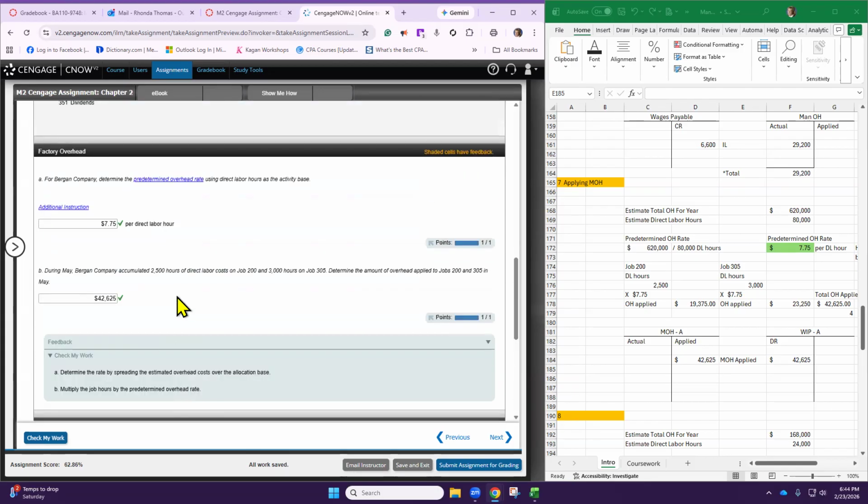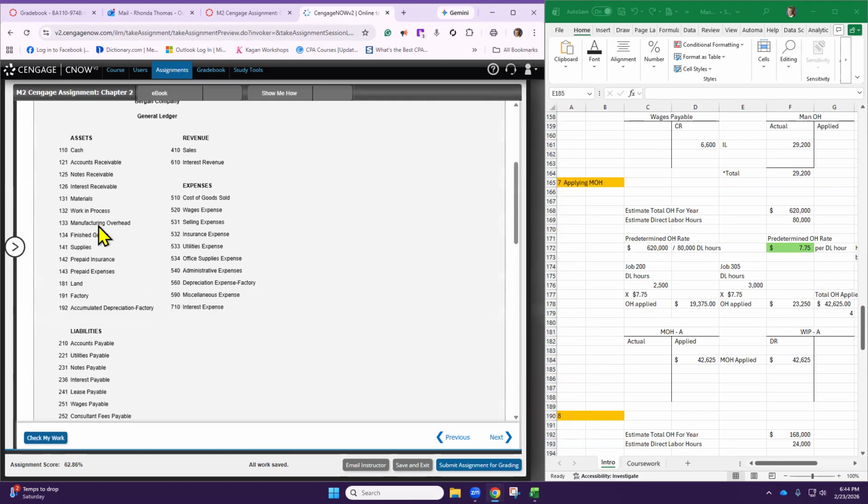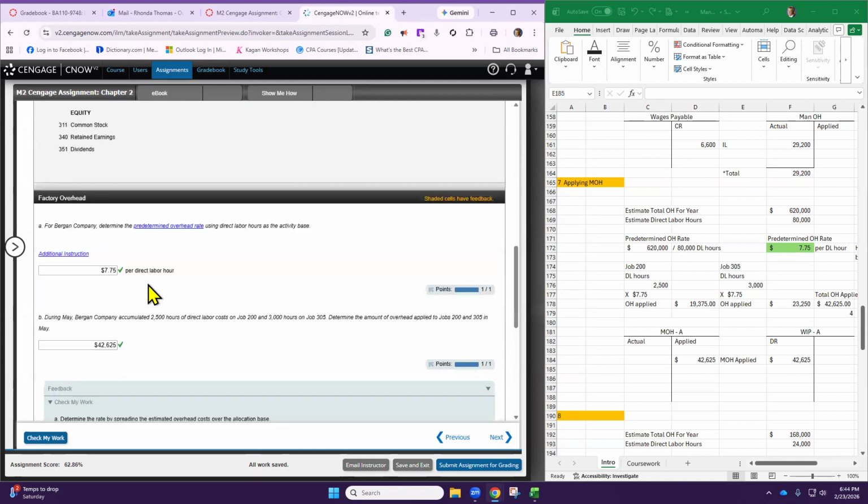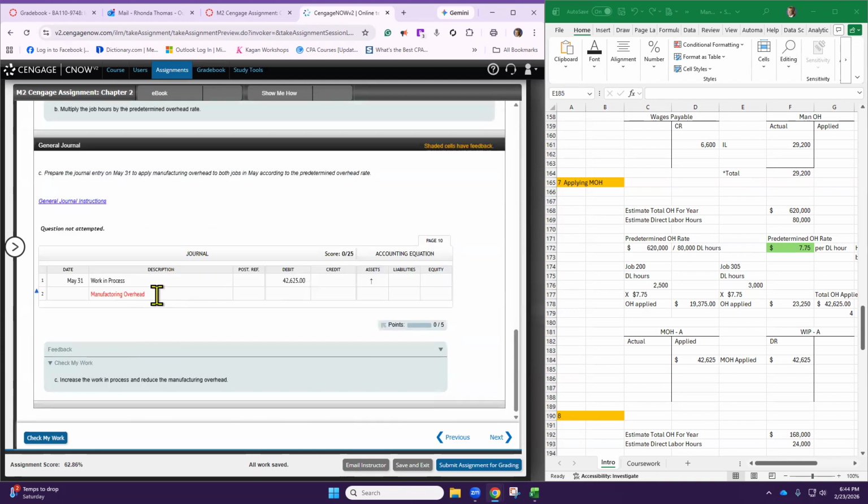Okay, let me see what they want. Manufacturing overhead. Copy. Okay, I must have misspelled it. All right, and of course, our journal entry must balance. If it doesn't, it's not a journal entry, right? So there is the entry to apply it.